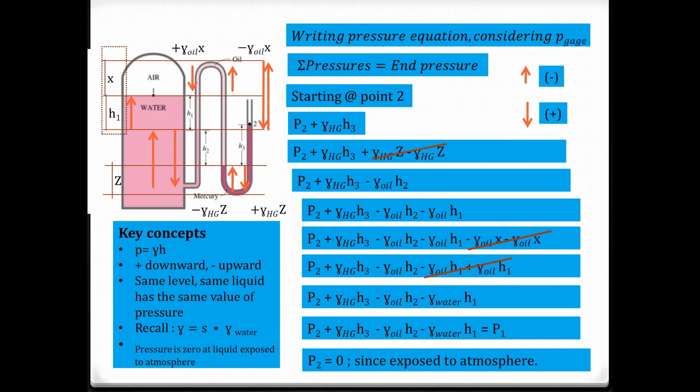And then along the way, on the problems, we should recall that gamma is equal to specific gravity times gamma of the standard substance, which in the fluid is water. And then finally, pressure is 0 at liquid exposed to the atmosphere.